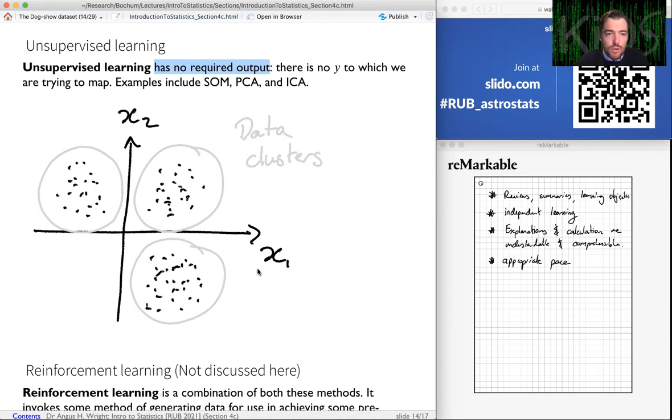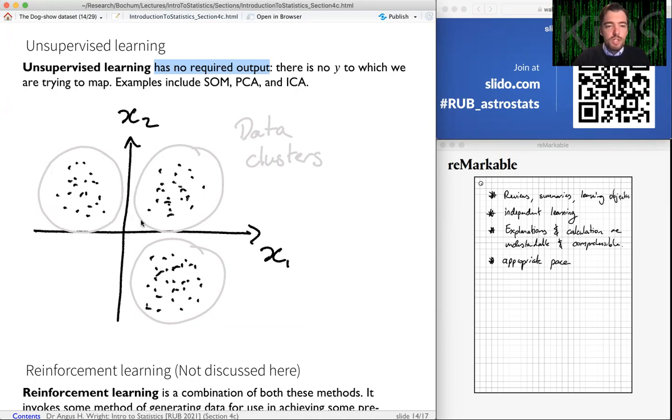So here we're showing two of the variables, X1 and X2. And the unsupervised machine will basically try and extract as much population information from the various data that it is provided with. And this can be in terms of clustering or classification, like what I'm showing here.